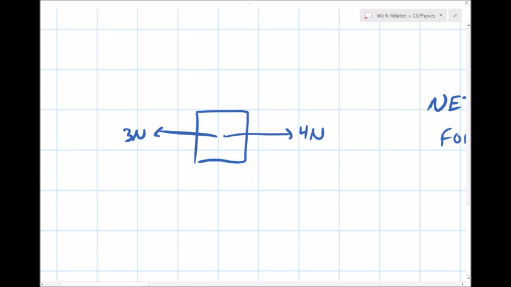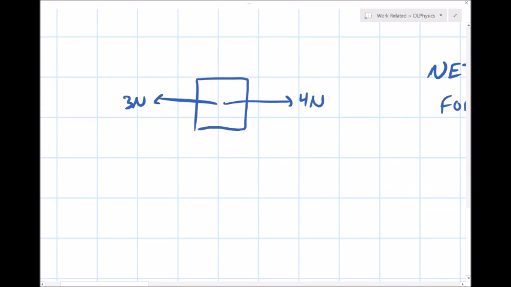And the thing is, when we add forces, we have to take into account the direction that they're in. So let's be reminded about vectors. Vectors are physical quantities that have direction and magnitude. And so we have here 4 newtons to the right, we have 3 newtons to the left, right? And so when we add these up, they're really going to subtract from each other. If I was going to write this out, we're working in the x direction currently.